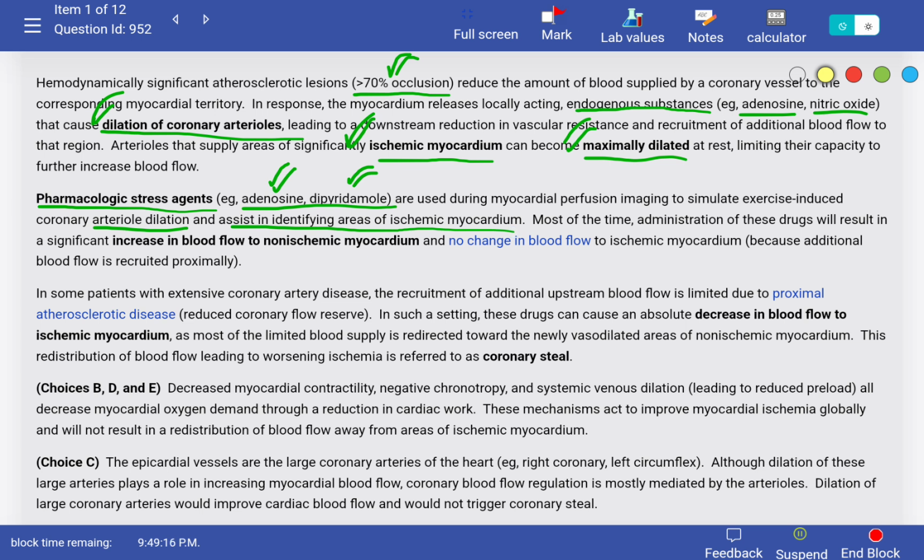Most of the time, administration of these drugs will result in significant increase in blood flow to non-ischemic myocardium, and no change in blood flow to ischemic myocardium, because additional blood flow is recruited proximally.